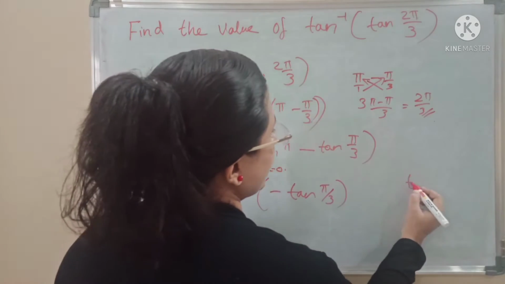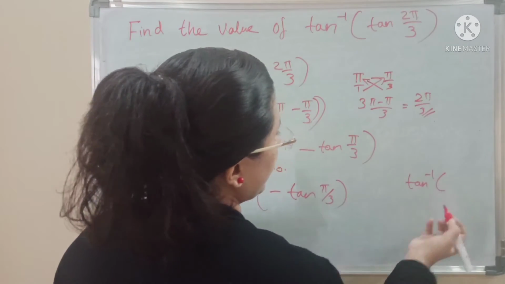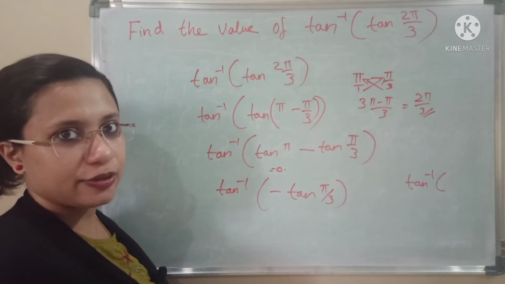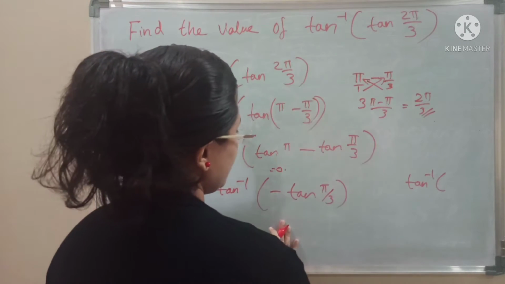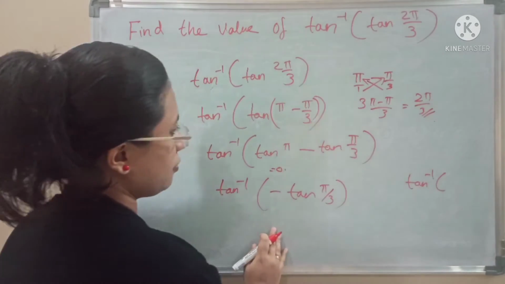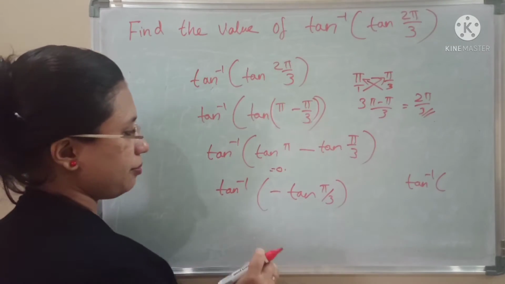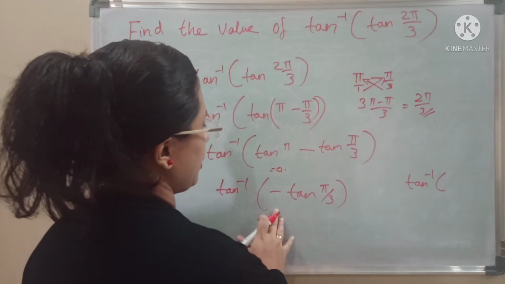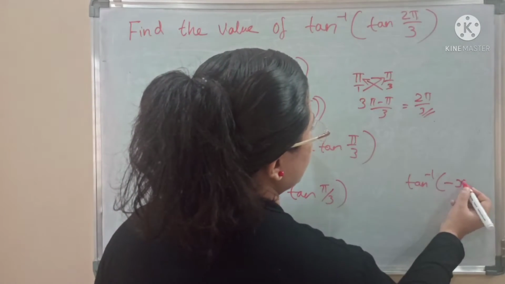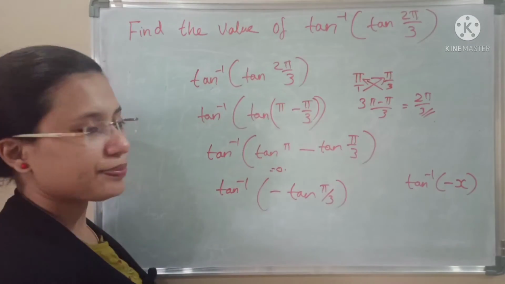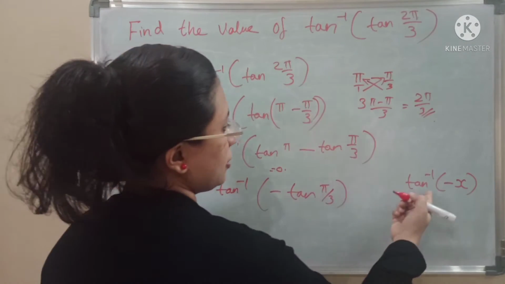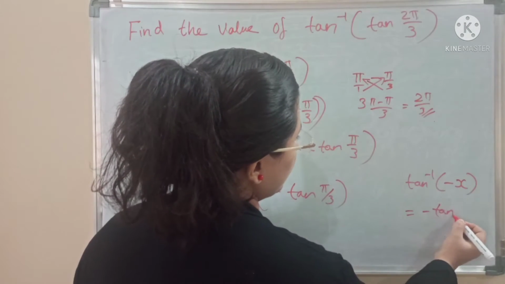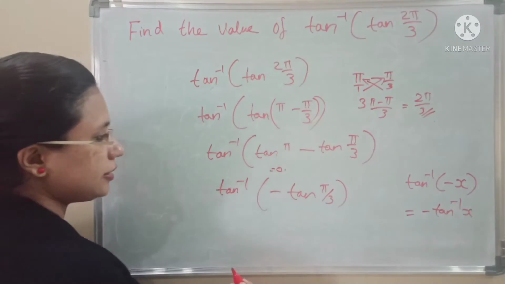Now what is tan inverse? I hope you all had your formula book with you. We already created it, right? So keep it with you, and while solving the problem, refer to it, so that you will learn it gradually. So tan inverse of minus x will be minus tan inverse x, right?